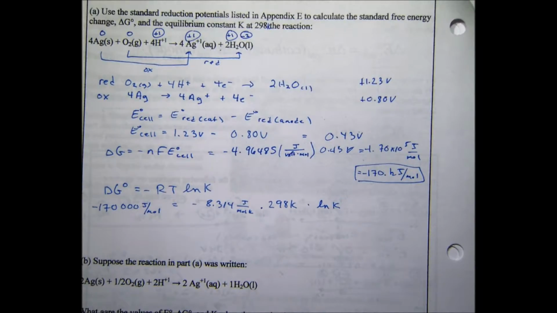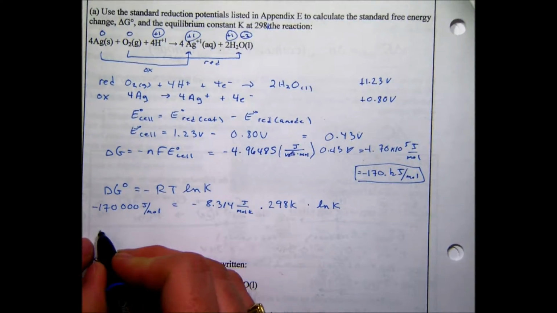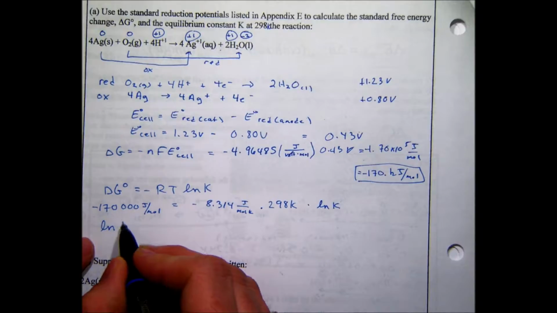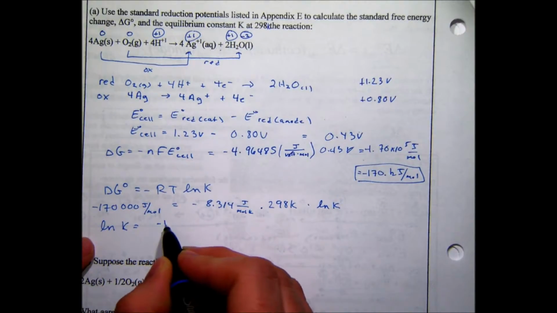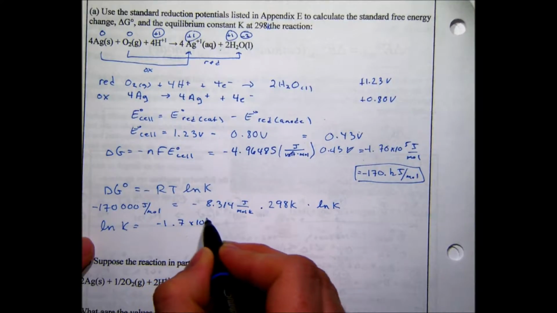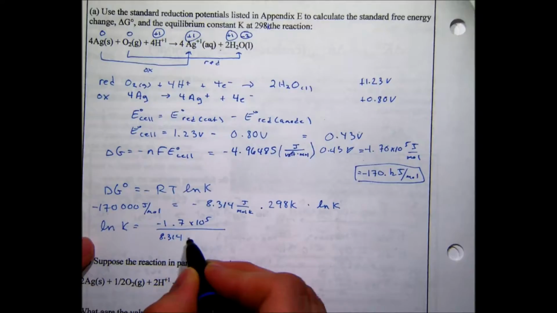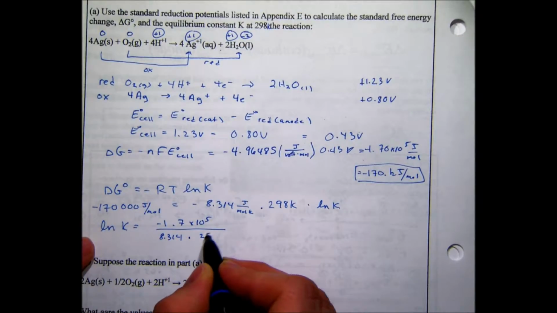Using this delta G standard, we're going to determine at least the equilibrium constant at this particular point. Ln K is equal to negative negative 1.7 times 10 to the 5 over 8.314 times 298.